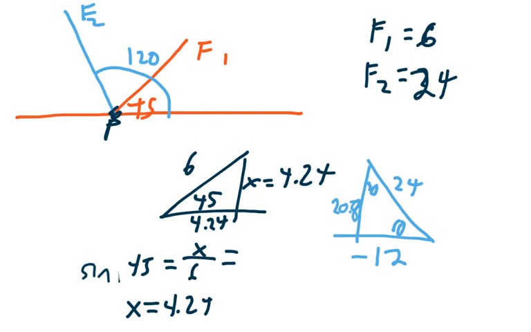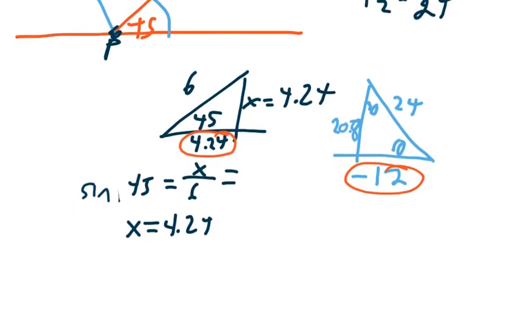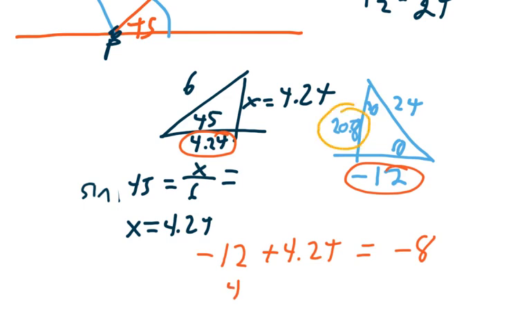So for my x coordinates, I have this one and this one, so I got negative 12 plus 4.24, which equals negative 8 for i, and then I have, let me use yellow here, I got this 20.8 and this 4.24 all in the same direction going for y.